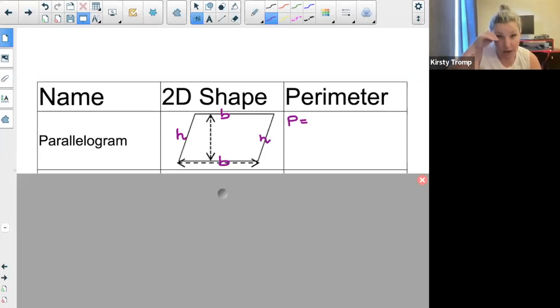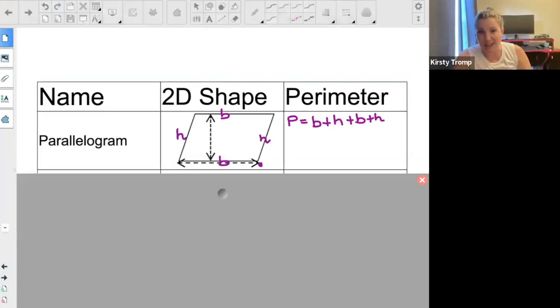So if I'm looking at Peter being over here, I can say base plus height plus base plus height. So that's one way that I can say it.